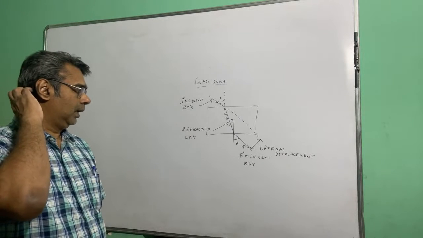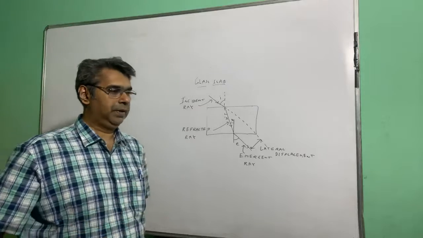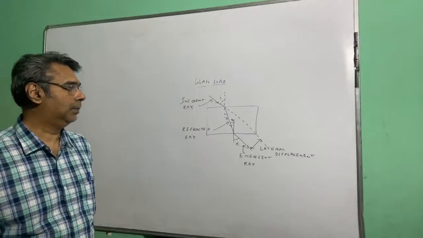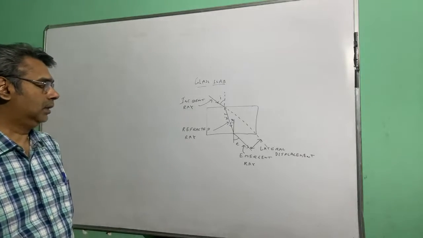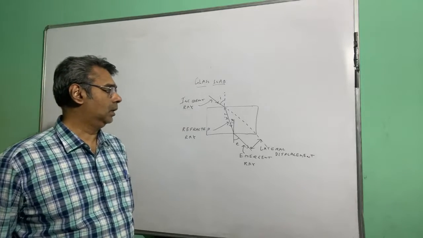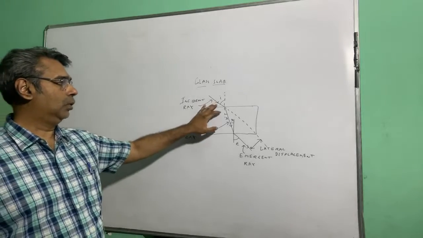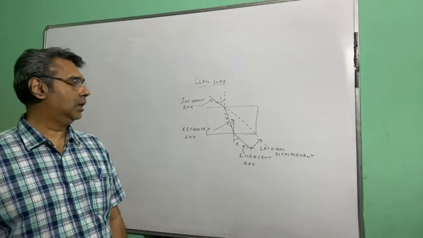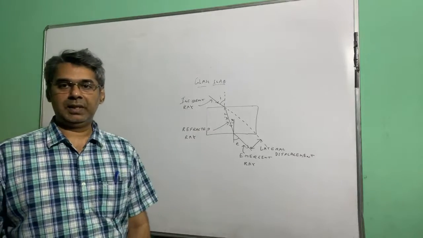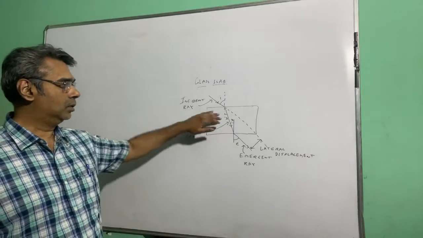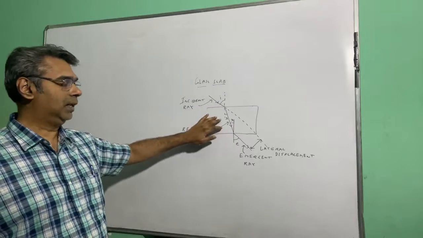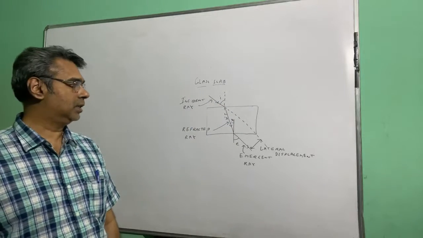So essentially, refraction in a glass slab, the topic is that when the ray is incident, there is a certain angle of incidence, and because glass is obviously denser than air, the ray will bend towards the normal, so angle of refraction will be less than angle of incidence.